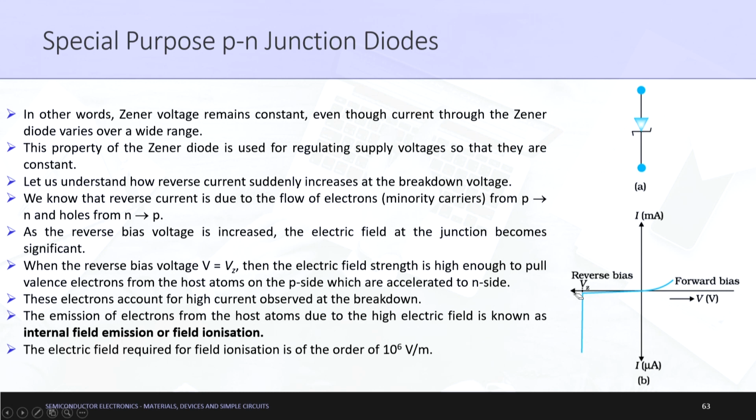Zener voltage remains constant even though current through the Zener diode varies over a wide range. There is a variation of the current over a very wide range, but the change in voltage observed is very small. This property of the Zener diode is used for regulating supply voltages so that they are constant.